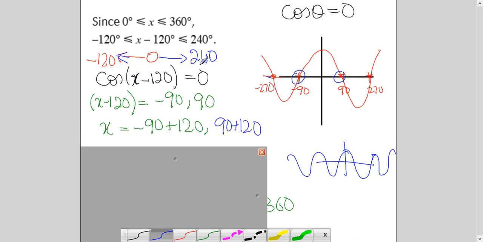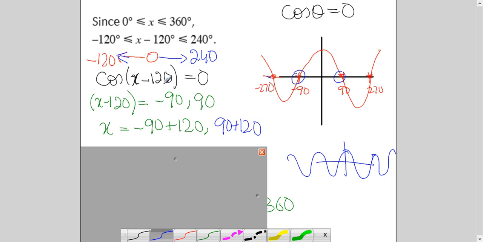By the way, I did not discuss one thing here. When we have this minus 120 or plus 120 or any minus or plus here, it translates the graph. So I'm not touching upon that part because then it confuses the student further. I'm just simplifying it as much as possible. So I got here x minus 120 equals minus 90 and plus 90.